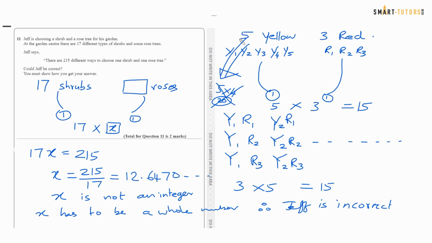Therefore, Jeff is incorrect. So try to understand the concept. We will definitely do a separate video for this permutation and combination topic to understand it better. That is the answer for our question number 11.